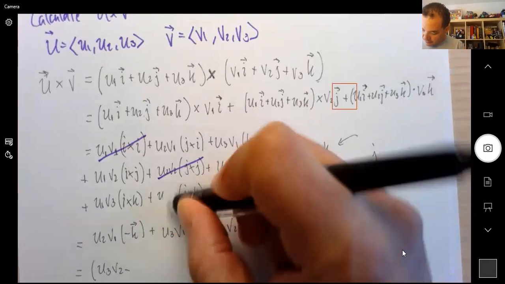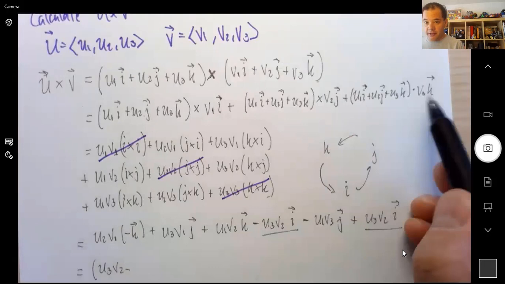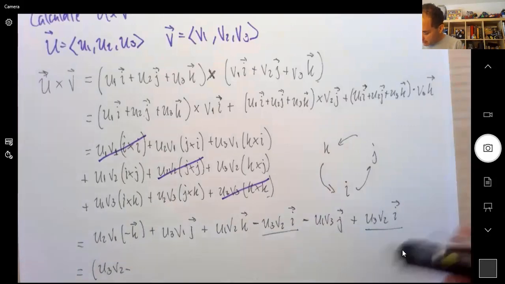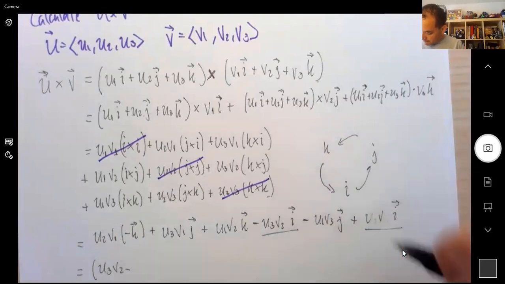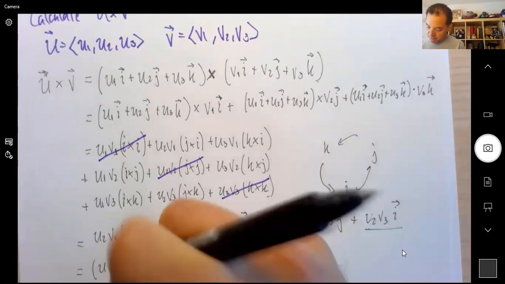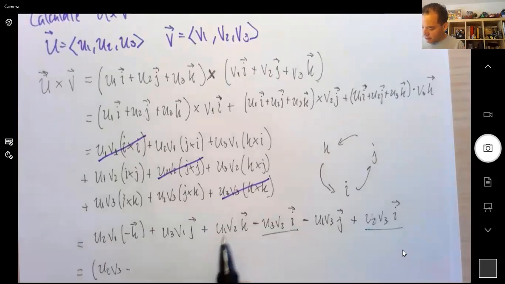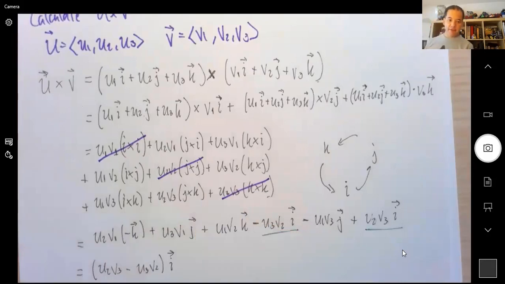My bad. So let's fix this one. Yes, so this one came from here, U2 times V3, right? So this one should be U2 V3, and that corresponds to this one. All right, so it should be U2 V3 minus U3 V2, and that's the I, right?